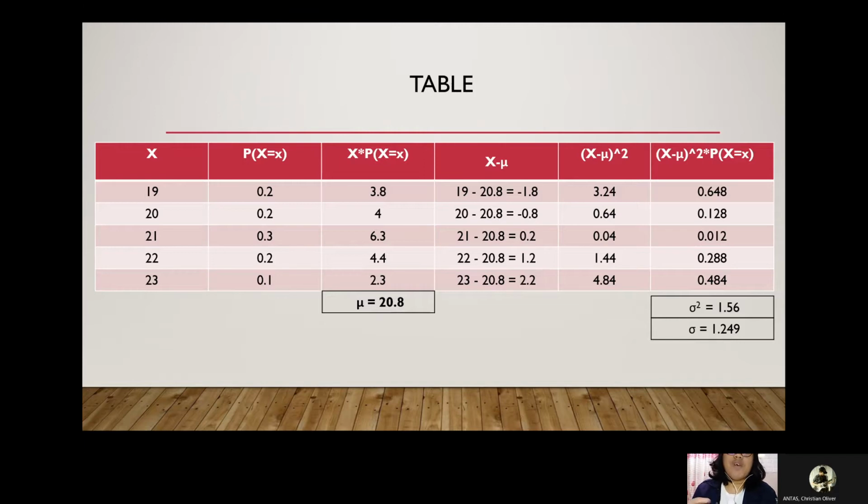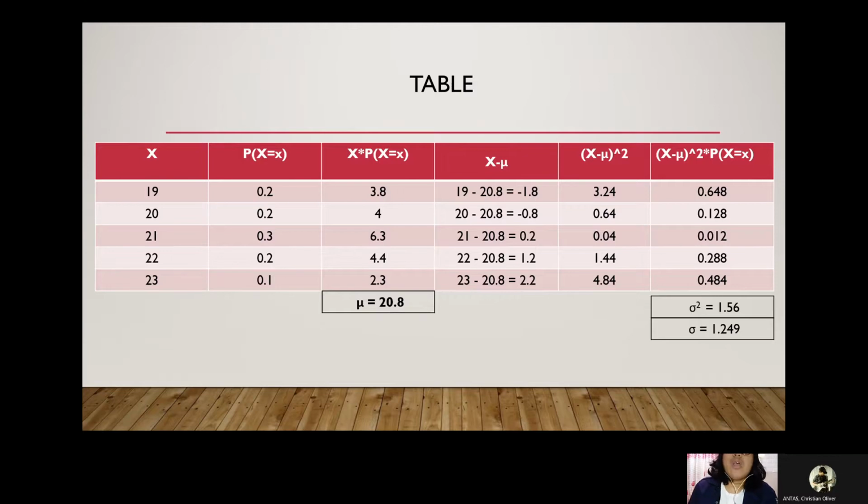So negative 1.8 squared is 3.24, and likewise for the others. Next, we multiply it by the probability function from earlier. So 3.24 times 0.2 is 0.648, and so on.